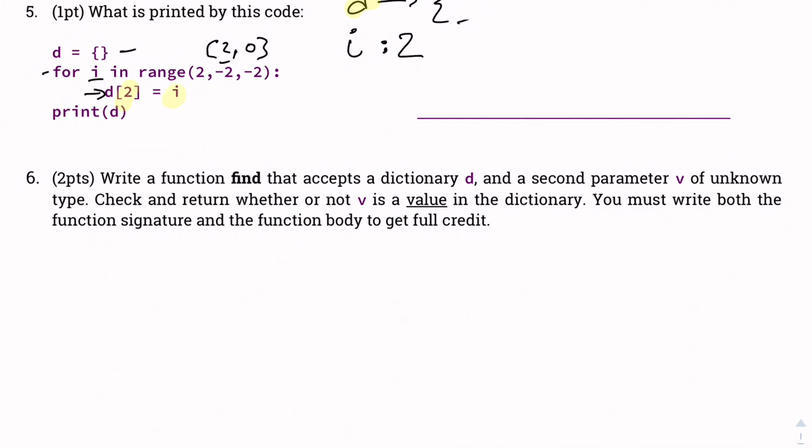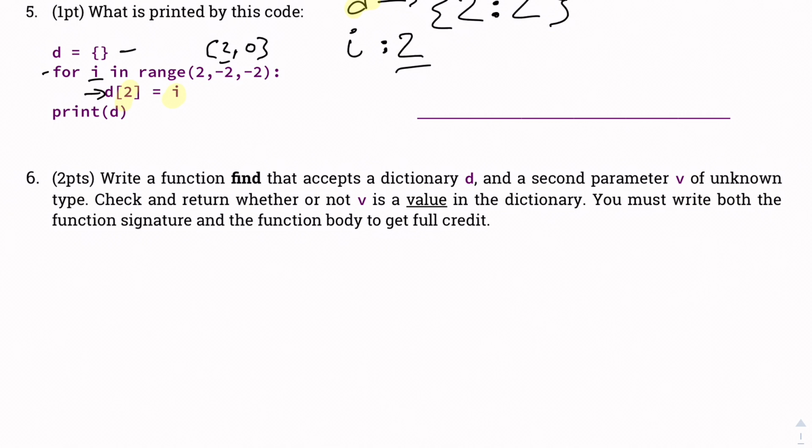So we're going to come over here to our dictionary. We're going to add 2 as a key, and then we're going to put the value of i into this value. So look, the value of i is 2.